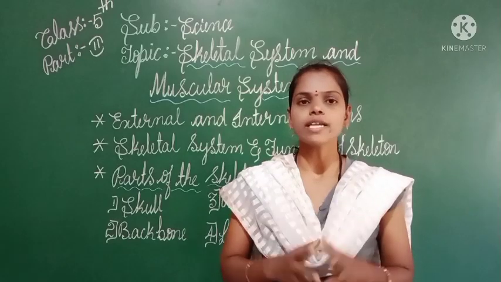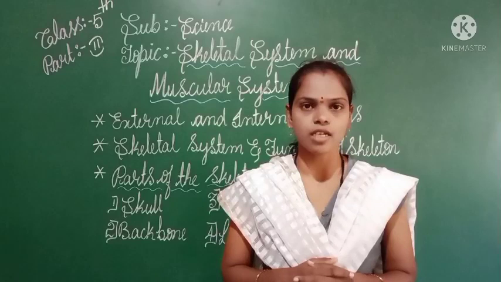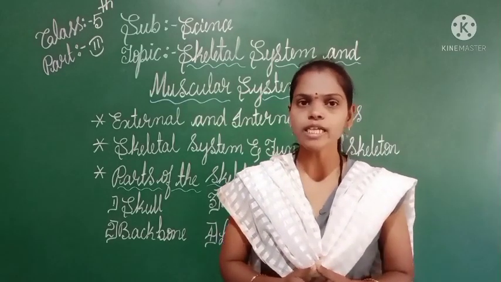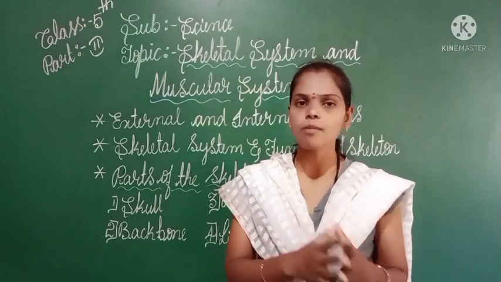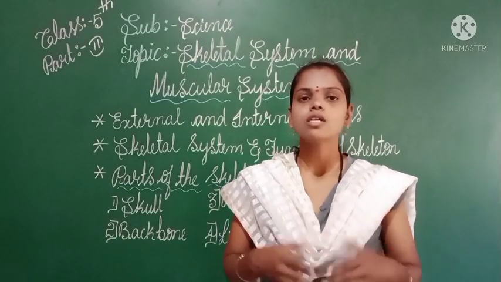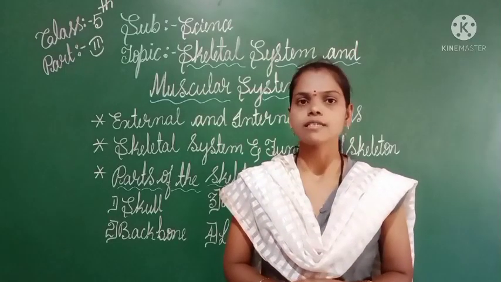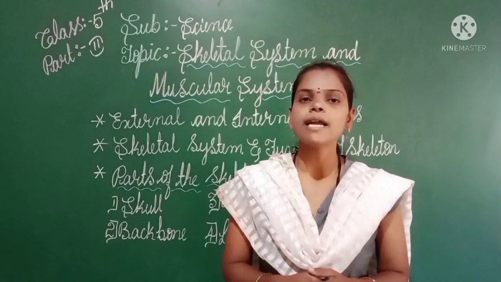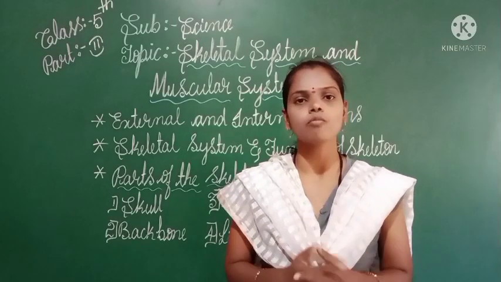Inside the bone we can see a jelly-like fatty substance, that is bone marrow. In the bone there is a canal. With the help of the canal and bone marrow, the bone reproduces nerve cells, and bone marrow also reproduces blood and blood vessels. These are the main functions of bone and bone marrow.